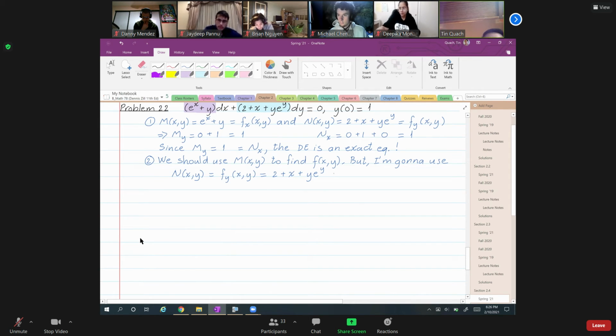So when you do this, you're going to integrate both sides with respect to y to get f. So f of x y is going to be the integral of 2 plus x plus y e to the y with respect to y.